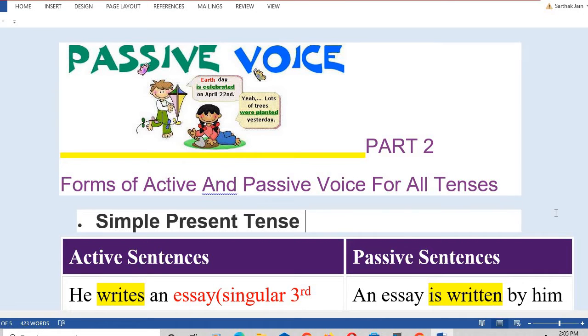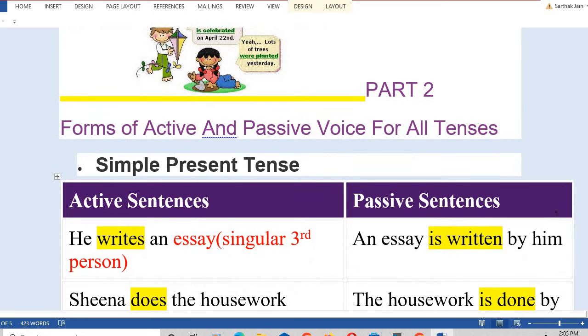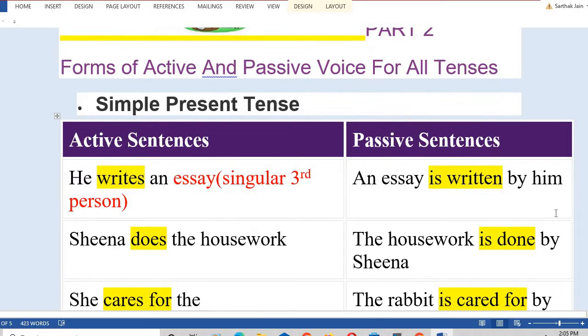The first is simple present tense. How are the active voices of the simple present tense converted into passive sentences? You can understand this with an example. Now you can see, he writes an essay. This is a sentence of an active voice, and this verb which I have highlighted in yellow color will be converted into the third form.